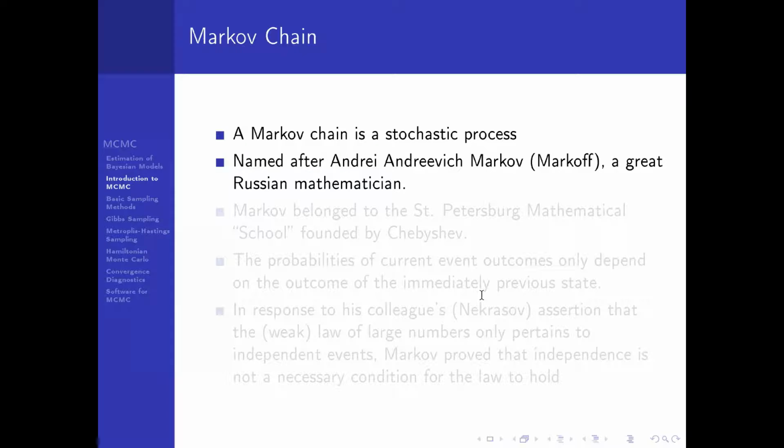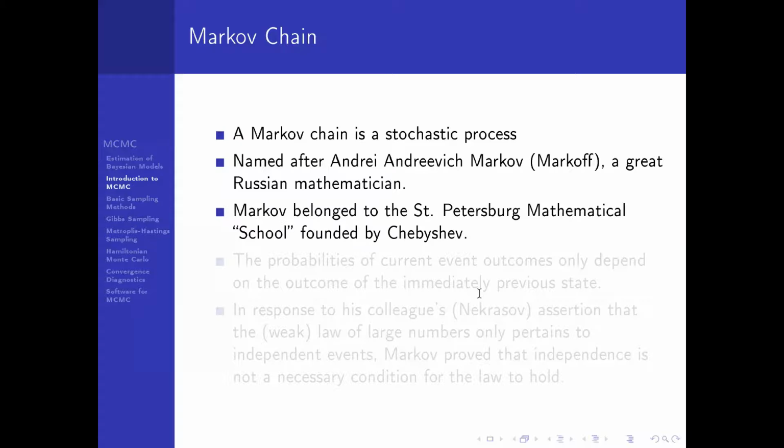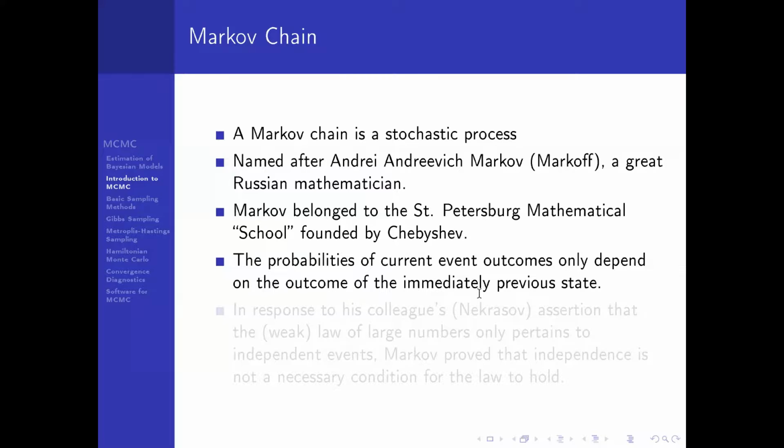It is named after, as discussed in one of the previous slides, Andreyevich Markov, sometimes spelled Markoff, who was a great Russian mathematician. Markov belonged to the St. Petersburg Mathematical School founded by Chebyshev.